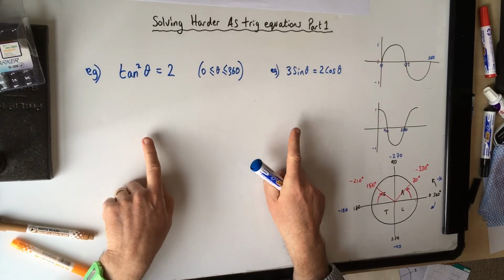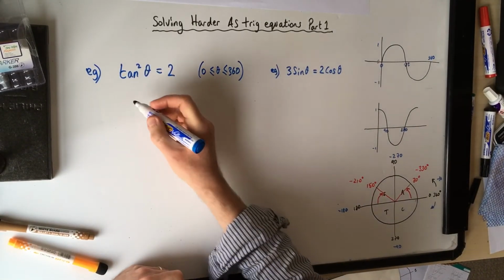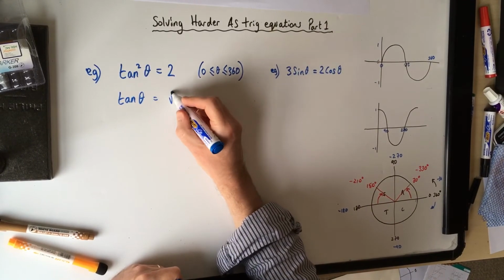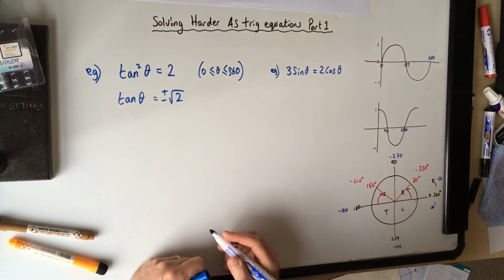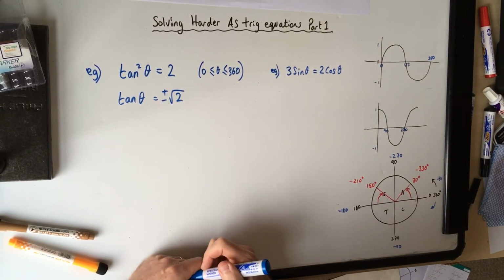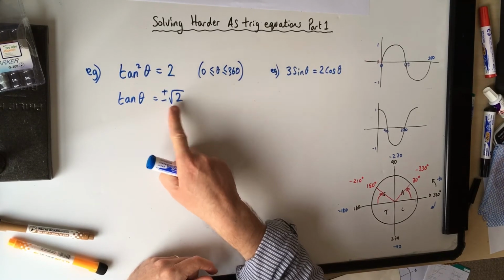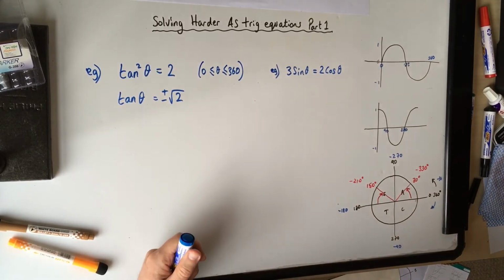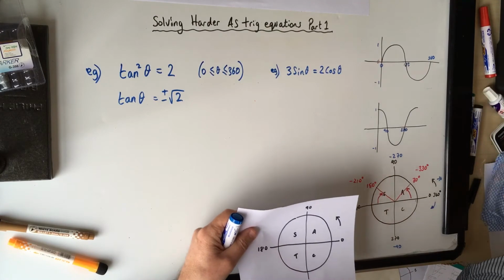So let's have a look at these two then. First of all, this one, just to remind you very quickly, I'm going to square root both sides to get tan theta. But when we square root, we've got to remember to get the plus or minus. When we do the plus or minus of this, remember I only ever put the pluses in your calculator, and watch how slick this is.